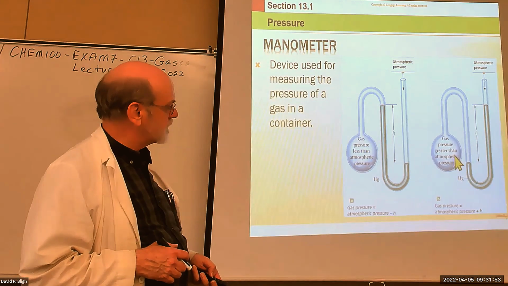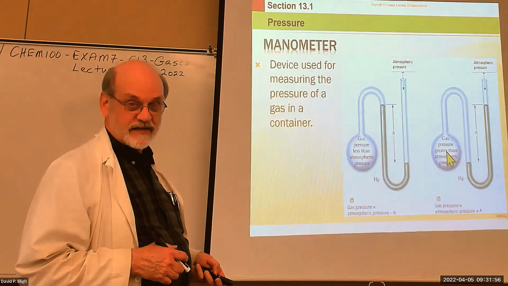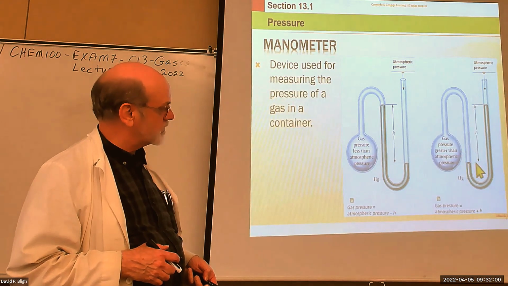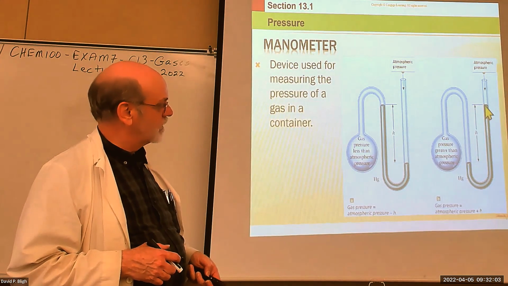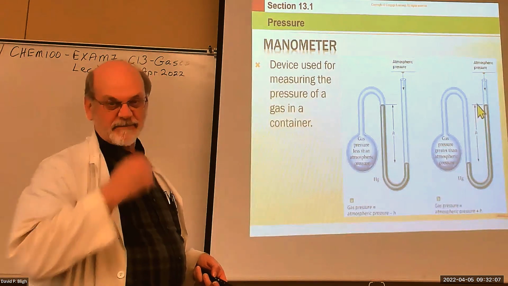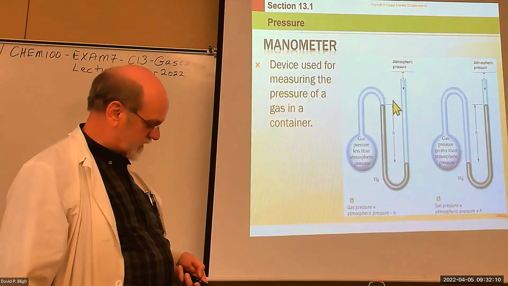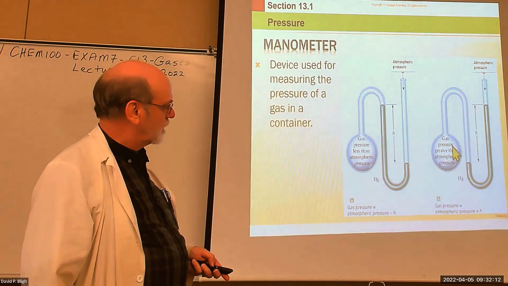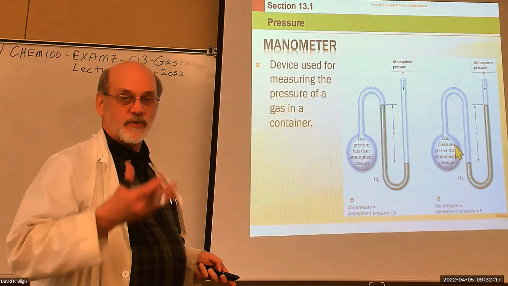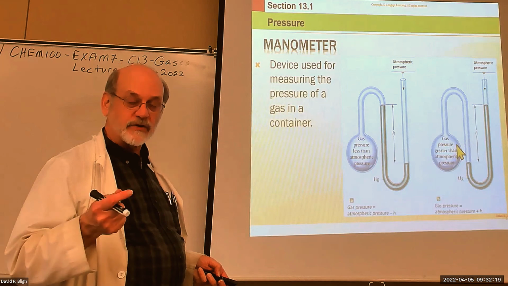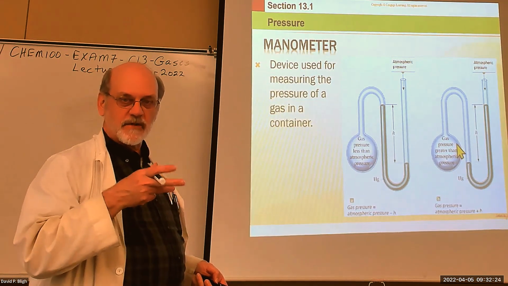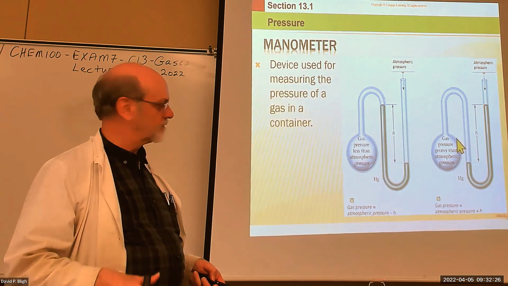The other possibility is the pressure is higher inside the container than the atmospheric pressure, and the difference in the two positions, the height of that column, is in addition to atmospheric pressure. Right? So the pressure inside the container is whatever the pressure is there, plus the pressure of the atmosphere. So you need a barometer and a manometer to accurately measure the pressure of a confined gas.